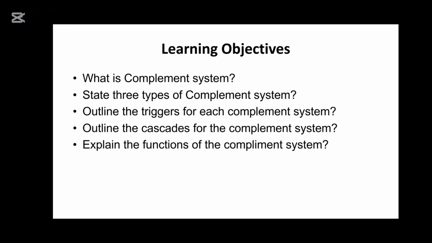Each and every complement system has what triggers it, that is to say, what makes it active. We also want to outline the cascades for the complement system, the path, how everything is done from start to the end. And then we want to explain the functions of the complement system. With the stated objectives, let's get started.